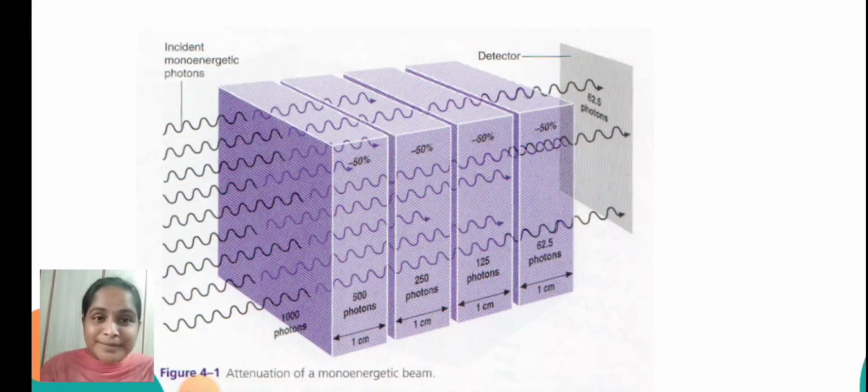While transmitting, it was 1000, and when it reaches the end, it is finally 62.5 photons. This shows how attenuation takes place in a monoenergetic beam.